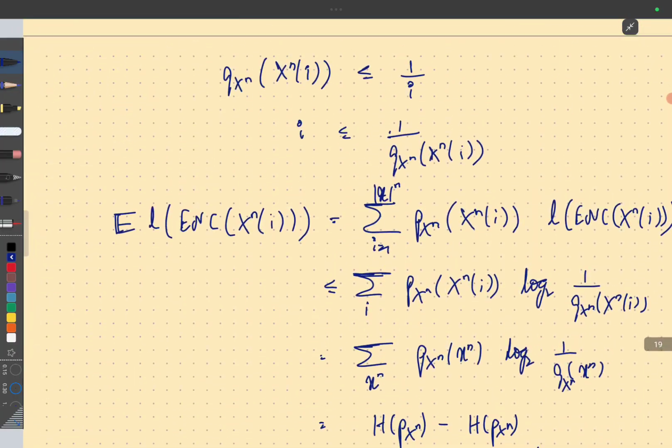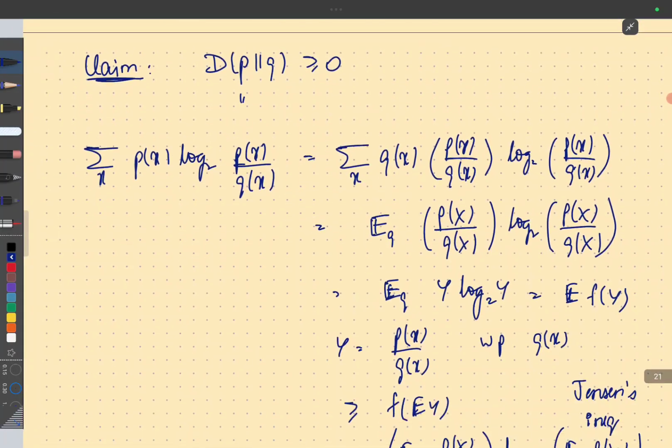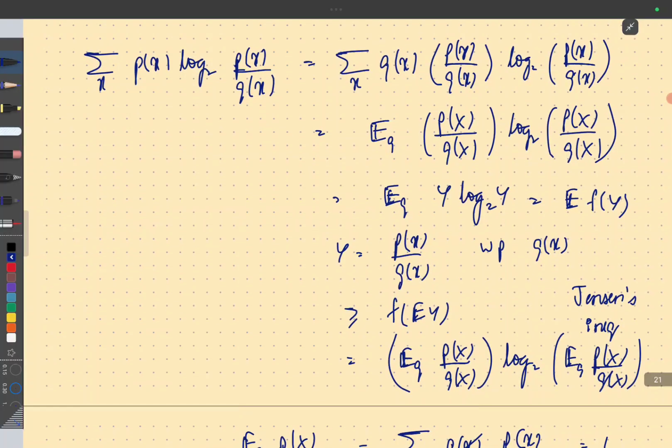So basically what you want to do in this particular proof is write this as negative of expectation of log q of x by p of x, expectation taken with respect to p, right? So this is equal to negative expectation with respect to p of log q of x by p of x. Log is a concave function, right? It's not a convex function.